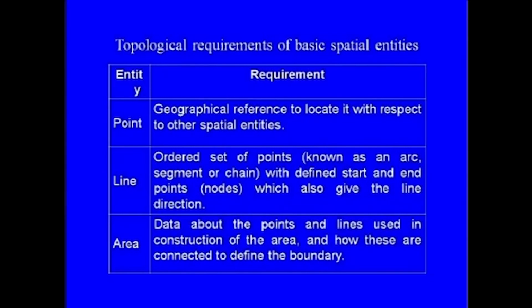For a line entity, it must be an ordered set of points known as an arc, chain or segment with defined start and end points, which also gives the line direction. And the third entity could be area, which may have data about the points and the lines used in the construction of that area and how these are connected to define the boundary.